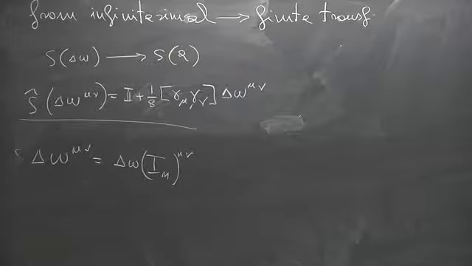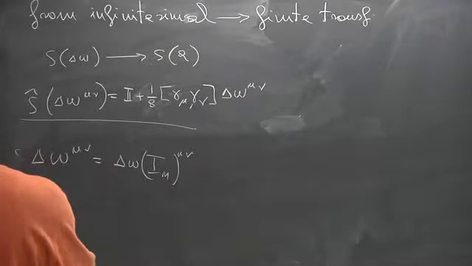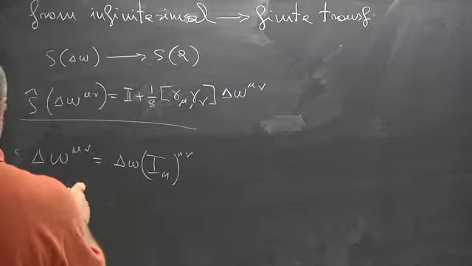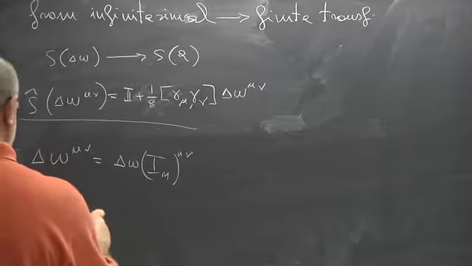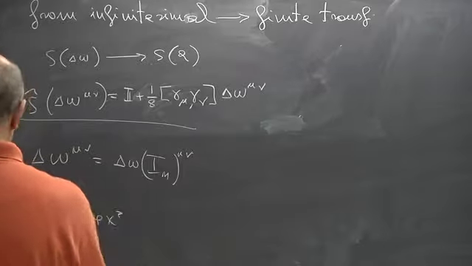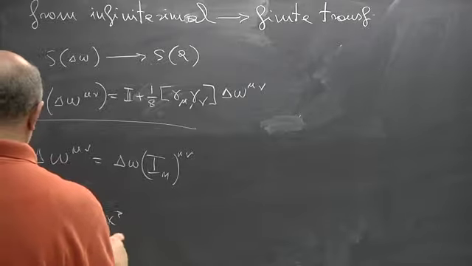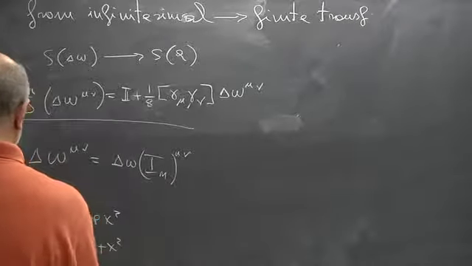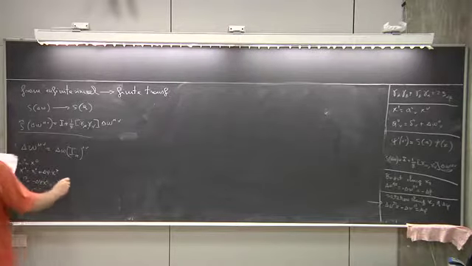So, for example, let's write the rotation. The rotation was x prime 0 equals x0, x prime 1 equals x1 plus delta phi x2, x prime 2 equals minus delta phi x1 plus x2, and x prime 3 equals x3.